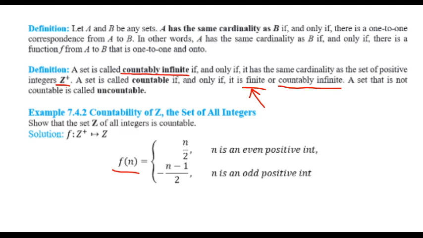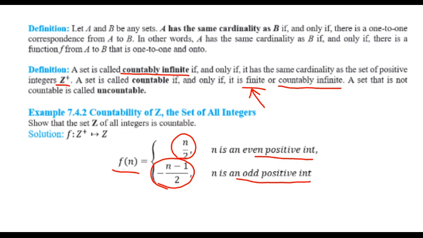I will ask you later to prove that this function is both one-to-one and onto, but in order to give you a sense of this function, it basically maps all the even positive integers to the set of positive integers and also maps all the odd positive integers to the set of negative integers.